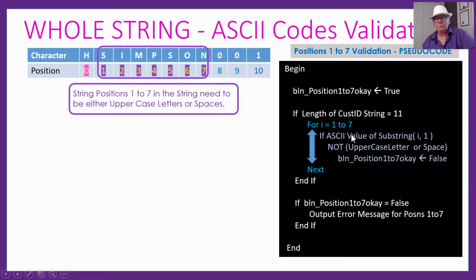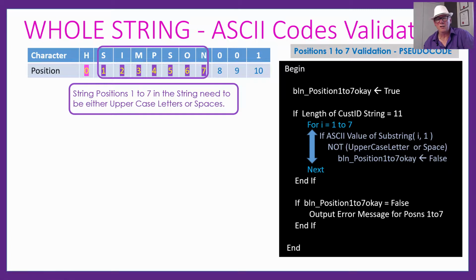So what we do is I equals 1 to 7. The first time through the loop, the value of I is 1, so it'll do substring 1, 1. It goes to position 1 for a length of 1, checks this box, and makes sure it's okay. If it's not okay, it sets the Boolean to false so that we can record that that wasn't right.